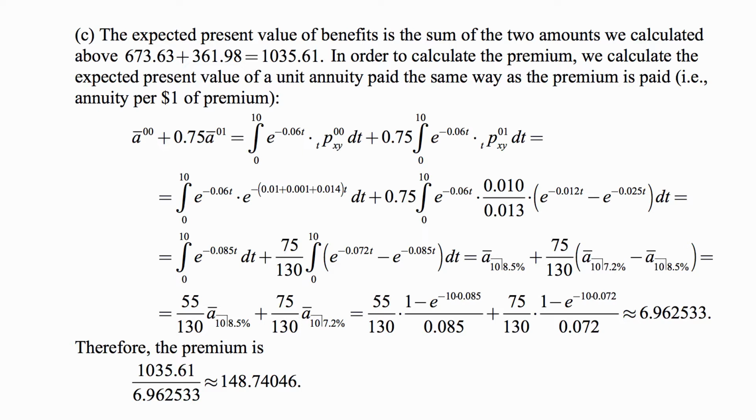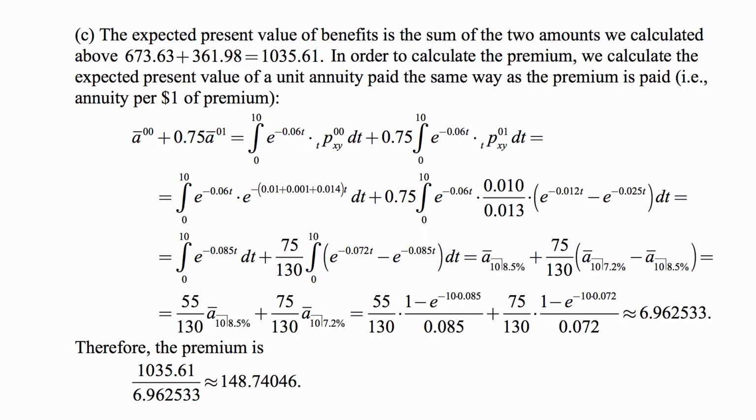So annuity per $1 of premium, which is a bar 00 plus 0.75 a bar 01, because after transition to state 1, 0.75 of original premium is paid.